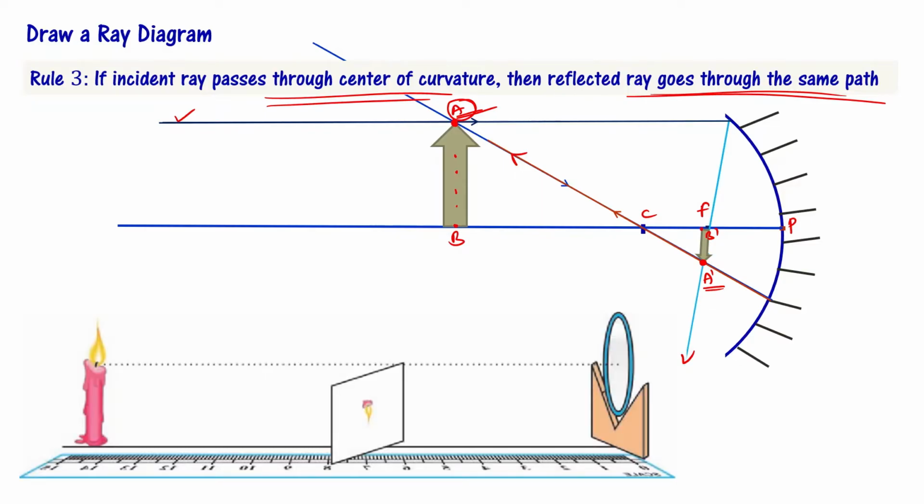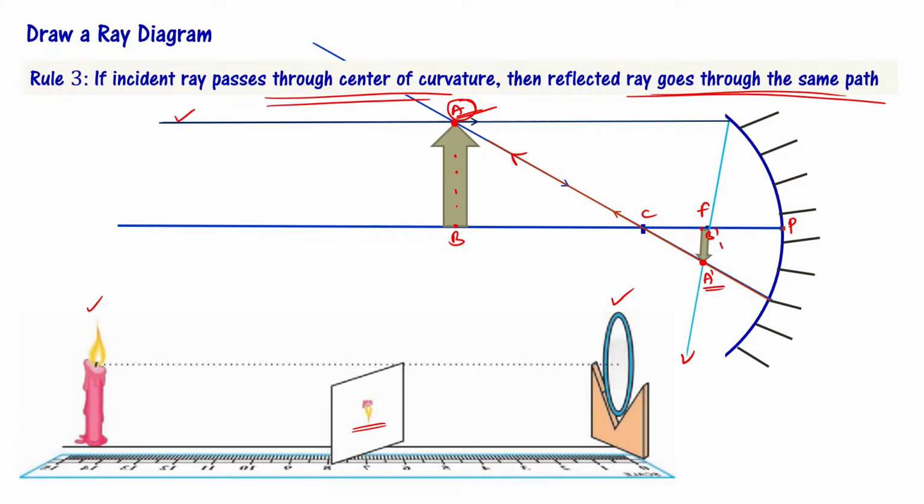Now you see here, in the original case, whatever experimental case we have taken, I have a candle, the light is coming from the candle and it is getting reflected by a concave mirror, and the reflected rays are forming an image which is smaller. You see this.